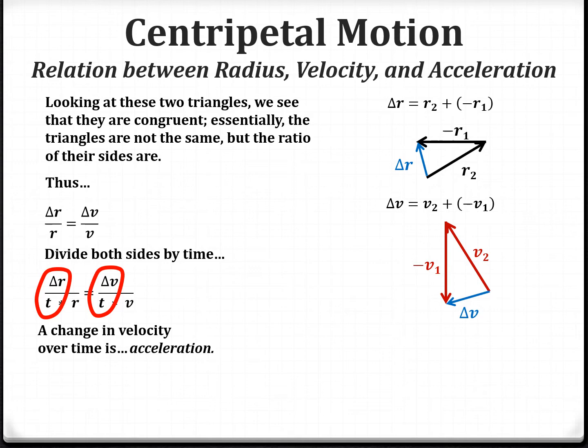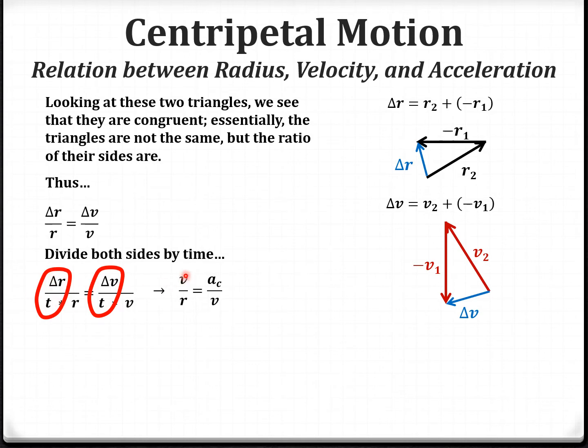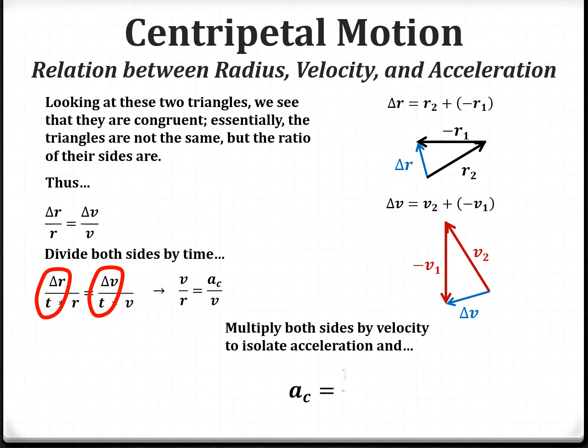So if we rearrange this equation, delta r over t becomes velocity, and the r is still on the bottom. And then delta v over t becomes the centripetal acceleration, and we still have the v on the bottom here. We take the v over to the top, leave centripetal acceleration by itself, and we get this equation right here. From these two triangles, we can develop the equation for centripetal acceleration.